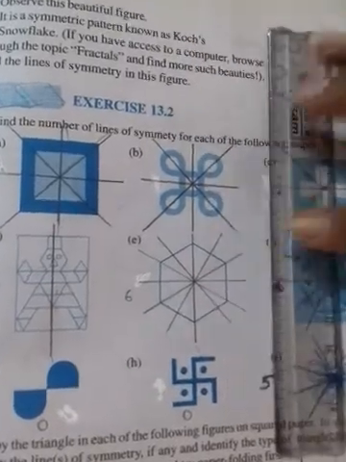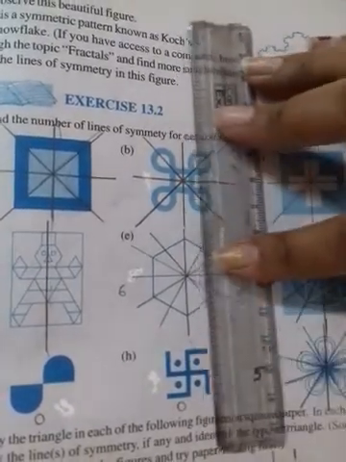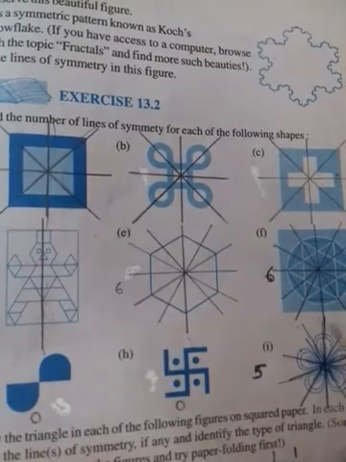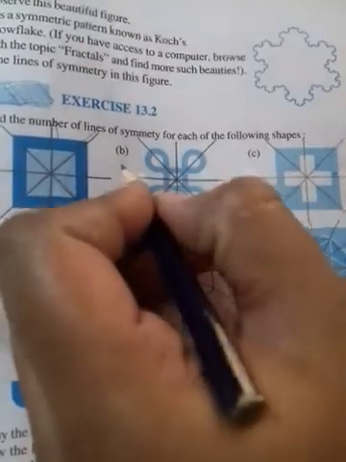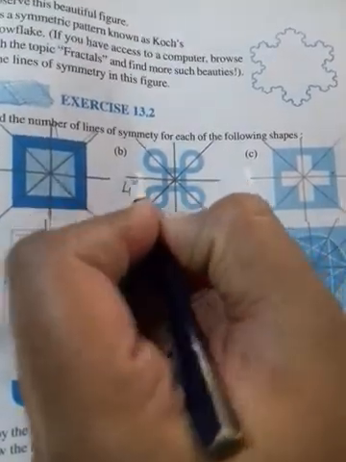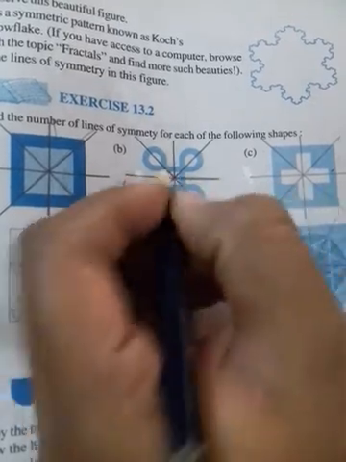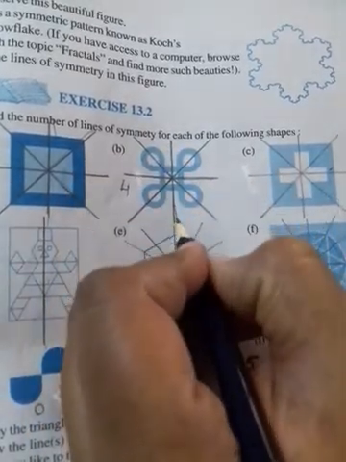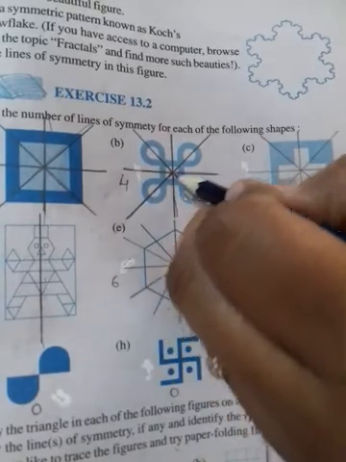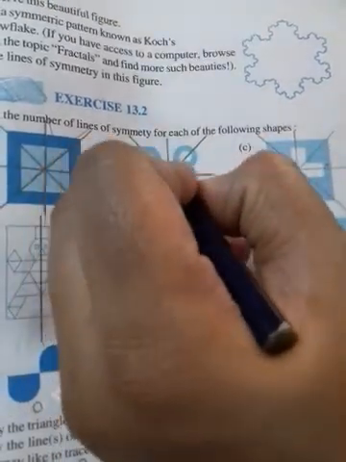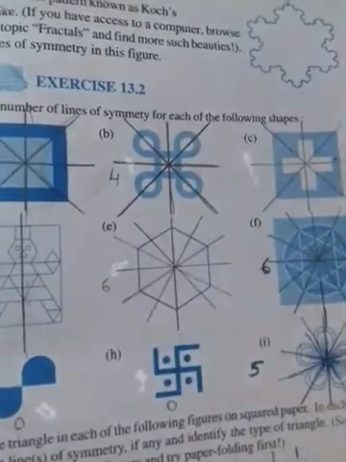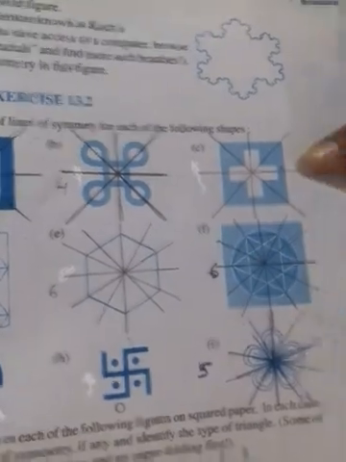Now the second is again in the form of a square only. So here also there will be 4 lines of symmetry. This is 1, this is 2, this is 3, and this is 4. Hopefully this is clear to you. Again we have a cross.